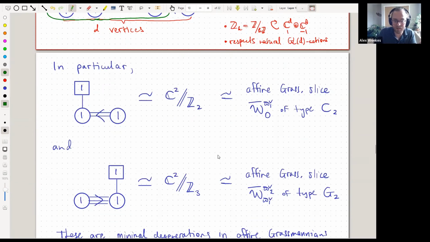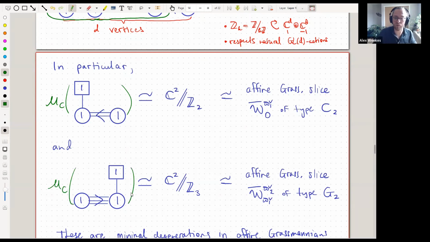When I say equals here, I mean the Coulomb branch of this thing is isomorphic to this, and the Coulomb branch of this. Sorry, I was not very precise. On the other hand, I was telling you earlier that the Coulomb branch of a type C2 quiver is an affine Grassmannian slice of type C2.